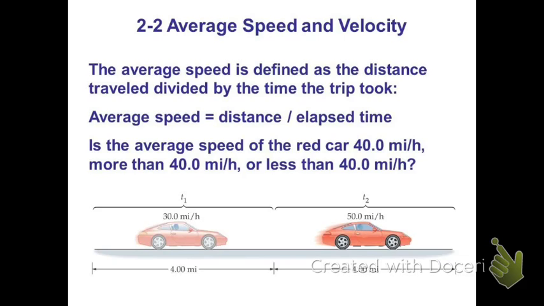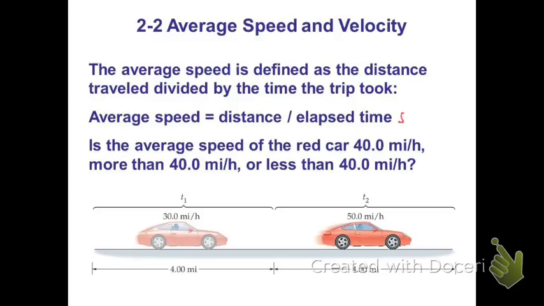The car goes 30 miles per hour for a time t1 and a distance of 4 miles, and after that it continues its motion for a time t2 with a speed of 50 miles per hour, again a distance of 4 miles. The question is whether the average speed of the red car is less than, equal to, or more than 40 miles per hour. So we will go by the definition.